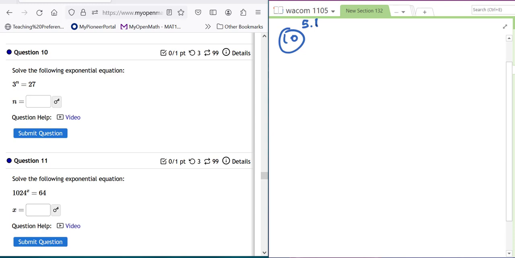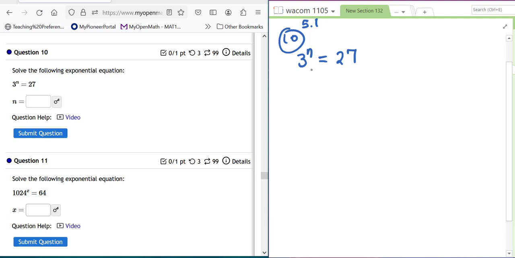All right. So we have 3 to the n equals 27. If we can rewrite these with the same base, then we can forget about the bases and just work on the exponents. So the goal would be to try to rewrite 27 as 3 to some power, or make them the same base. And we can. 27 is 3 to the 3rd.